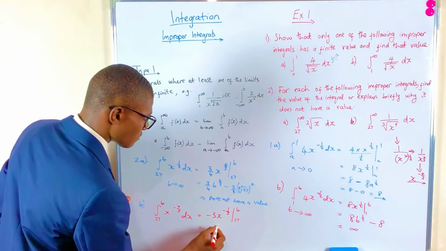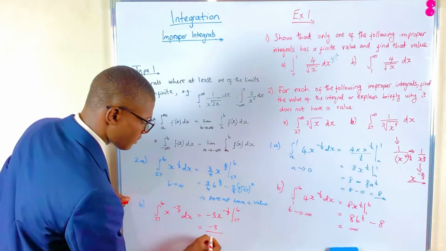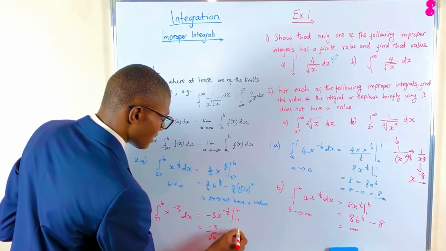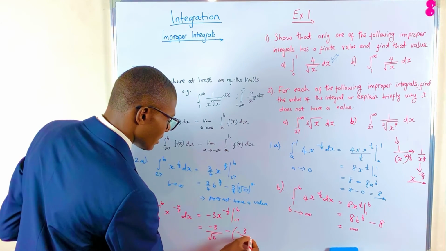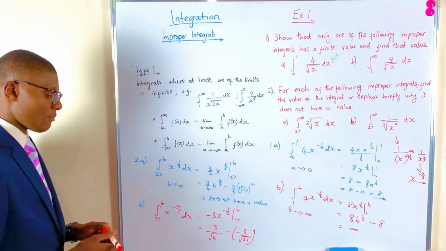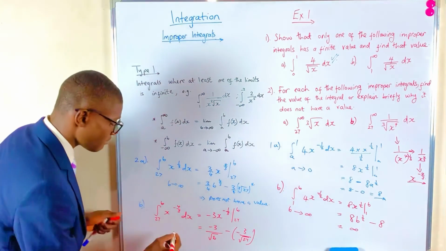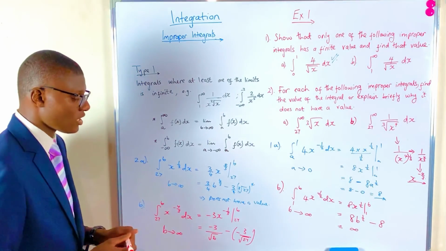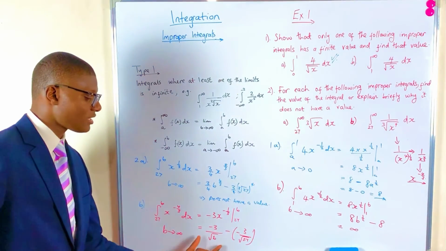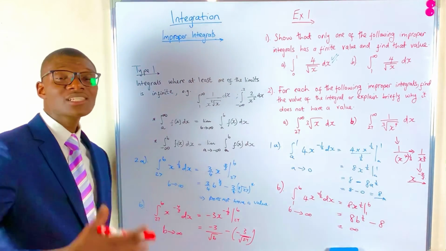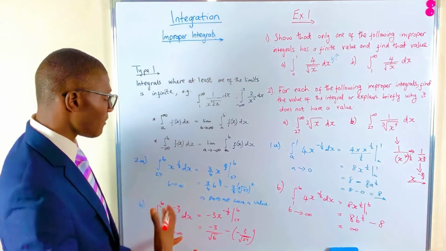Substituting the limits, we've got minus 3 over the cube root of b, minus minus 3 over the cube root of 27. But what do we know about b? We know that b is approaching infinity. So as b approaches infinity, this term approaches 0 because the denominator just keeps getting bigger and bigger.